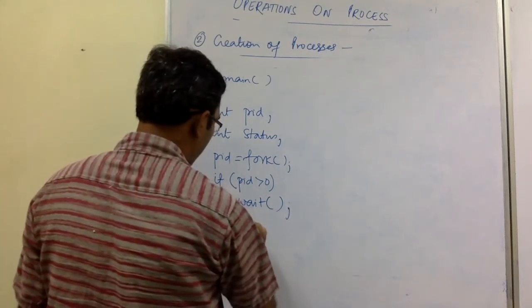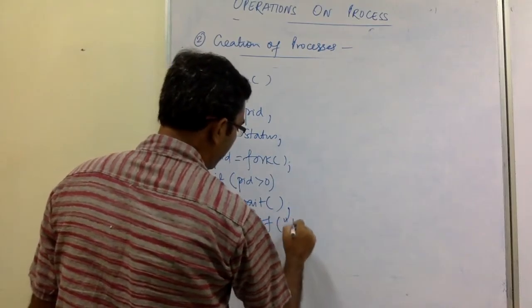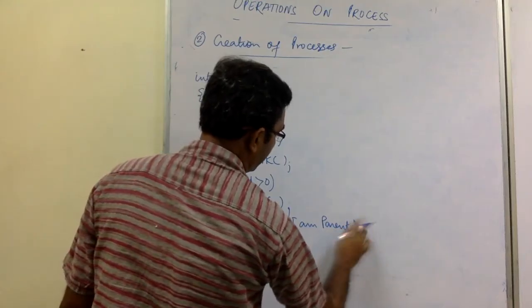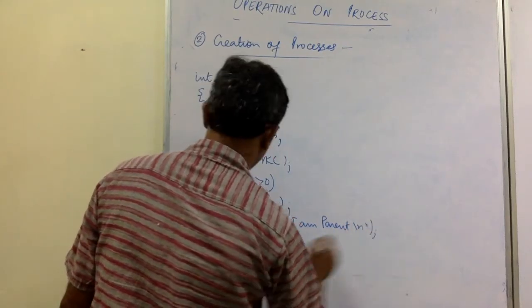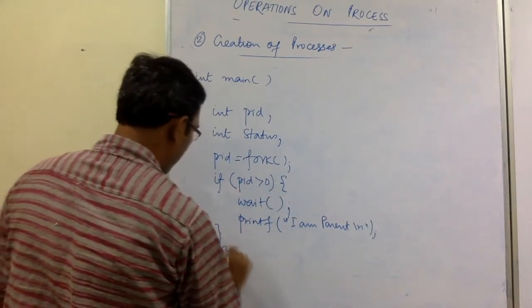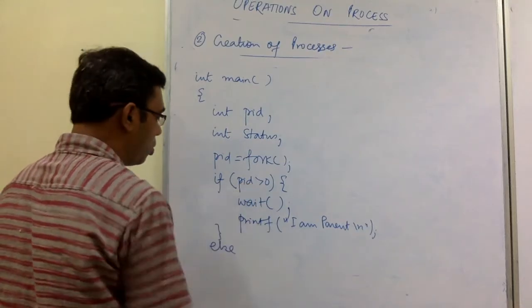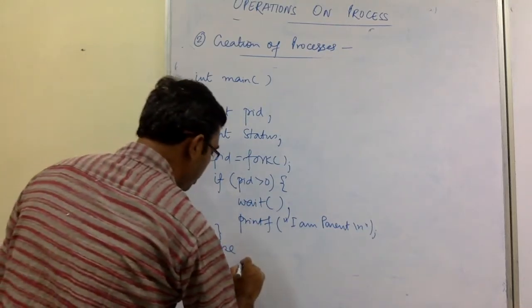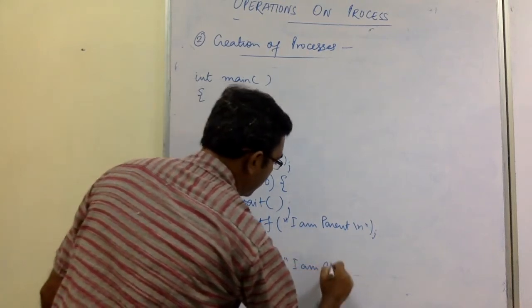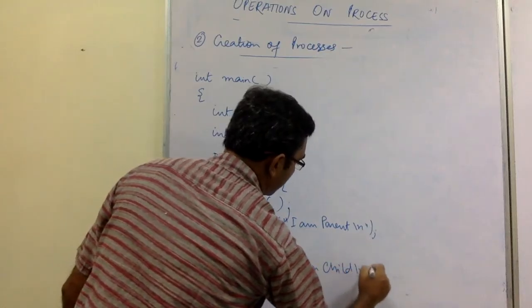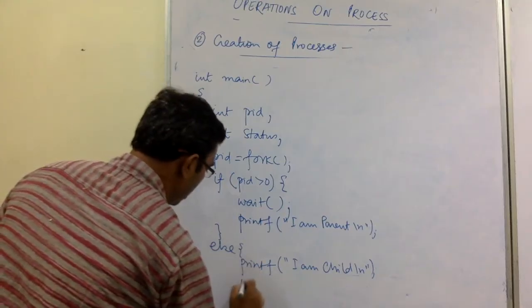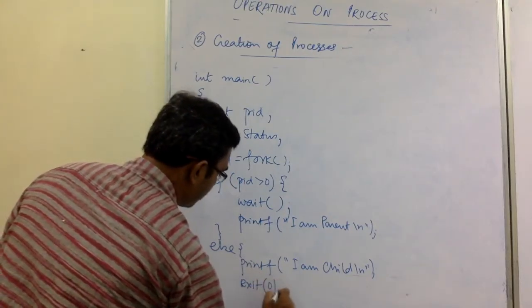Then I will print I am the parent. Else, that means if this is not true, you are the child and you would simply print I am the child.